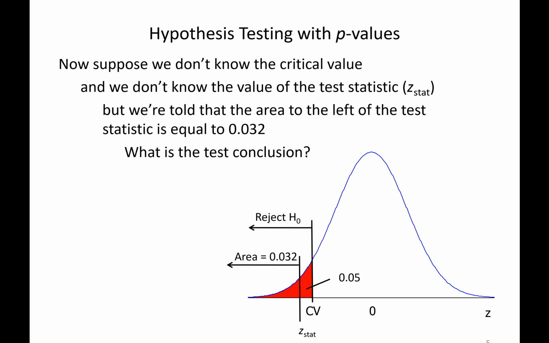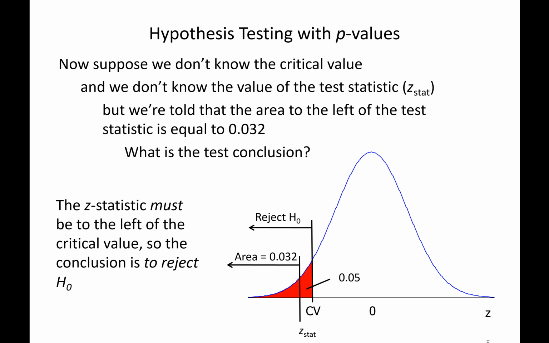That means our test statistic has to be in the rejection region. And so we would reject the null hypothesis in favor of the alternative hypothesis. So it turns out it doesn't matter if we know what the test statistic is, as long as we know what the area to the left of the test statistic is and the area corresponding to the rejection region.